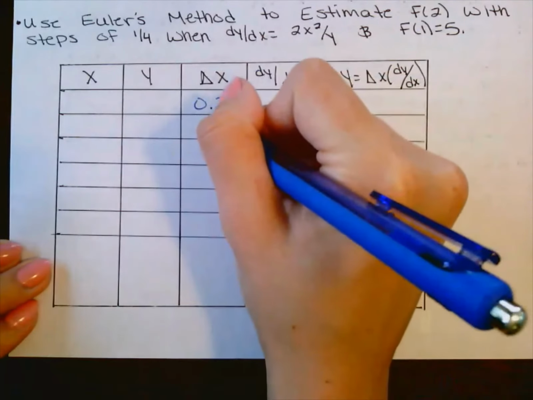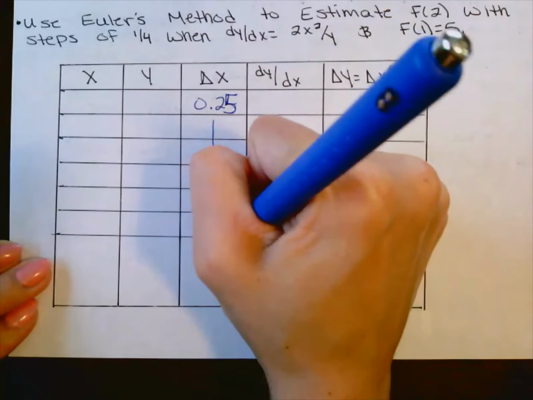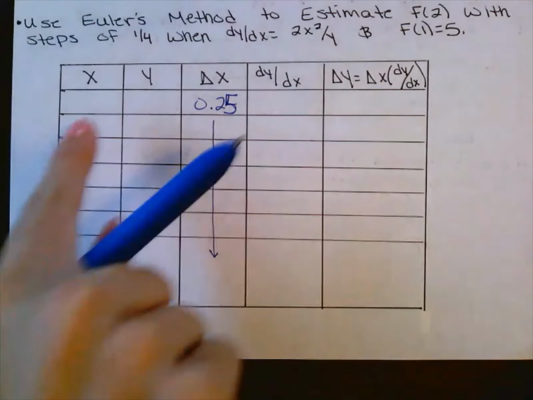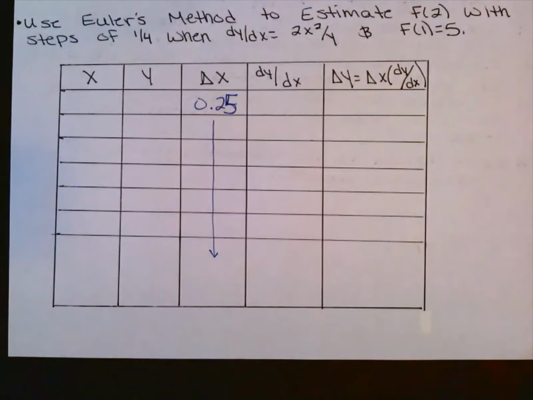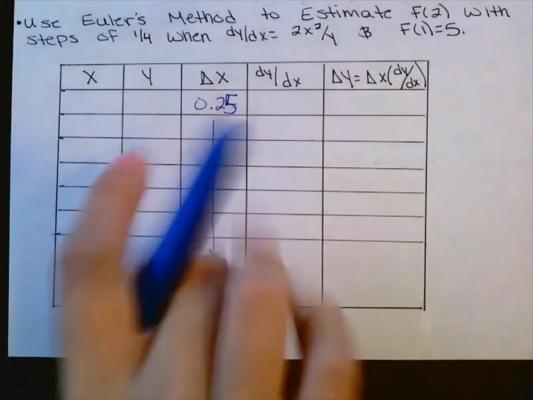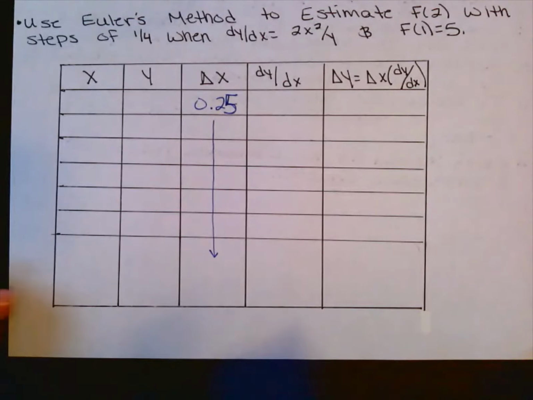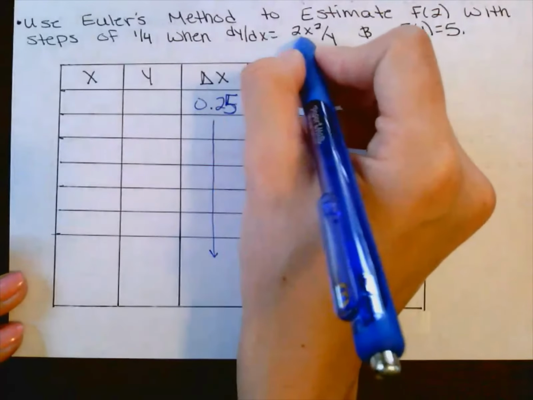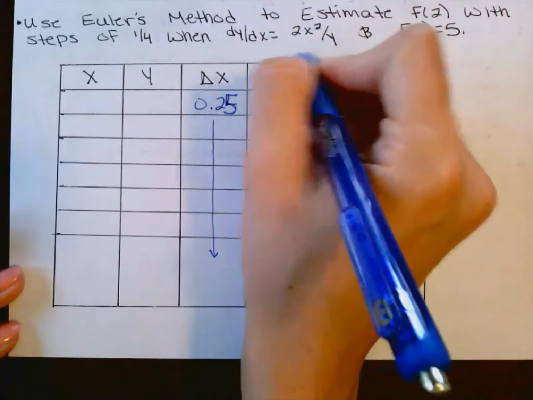Okay, and that's going to be the same the whole way down. Now, I turn it into a decimal because as I start working the rest, I usually get some big decimals here. So this is going to be a bit easier. And then they say when dy dx is 2x squared over y.